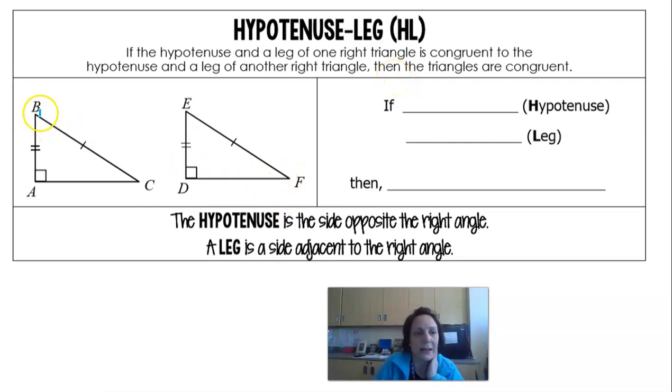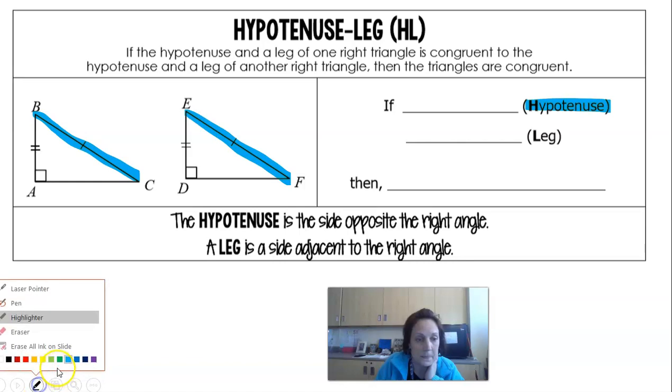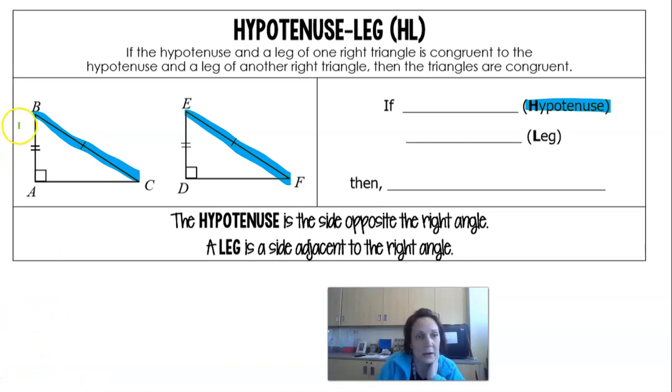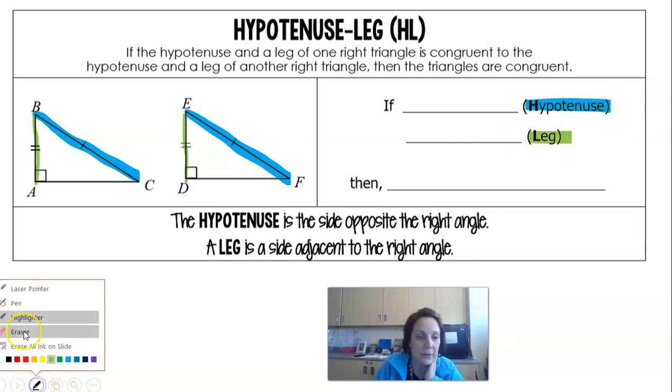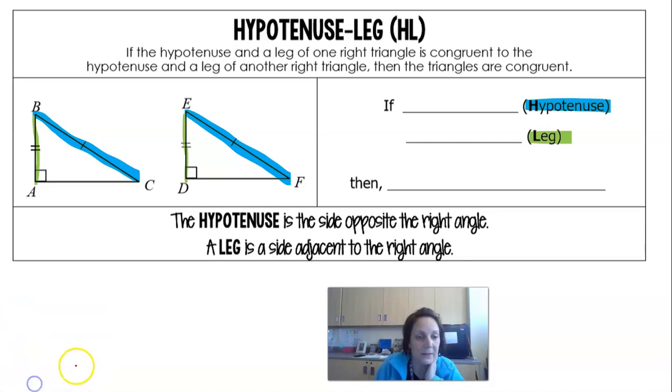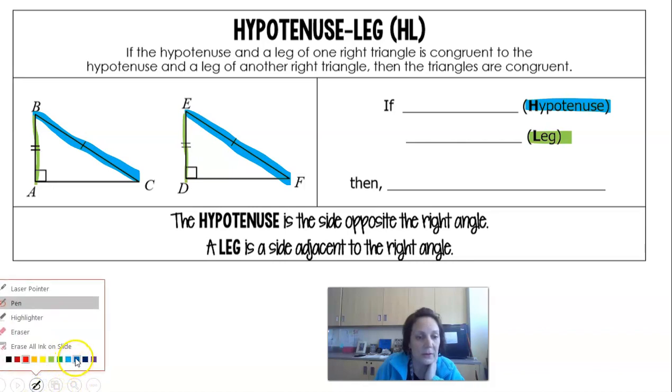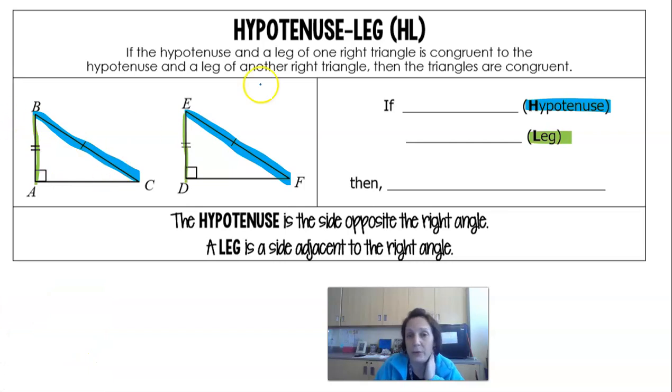So here we go. Again, the sides that are across from the right angle, those are the hypotenuse. The sides that are not across from the right angle, the other two, the two that make up the right angle, those are the legs. And again, it could be either of them. So in this case, the only congruencies that I need to write down are the two side congruencies.